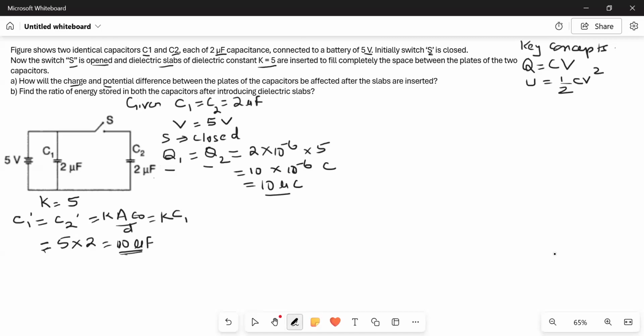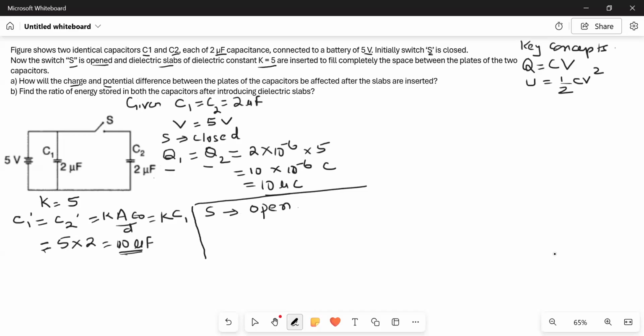But secondly, what is done is that now the switch S is open. Earlier S was closed, but now S is open.